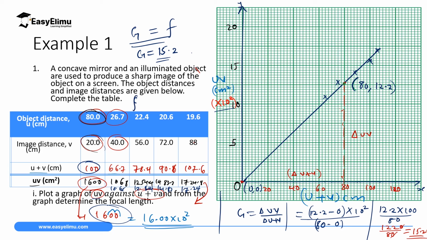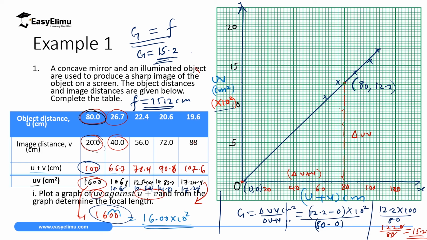So F is equal to 15.2, and it will be in centimeters, because remember here the units up here were centimeter square, down here they were centimeter. 1 centimeter will go with that 1 centimeter square, it will remain in centimeters, and therefore it's going to be 15 centimeters.